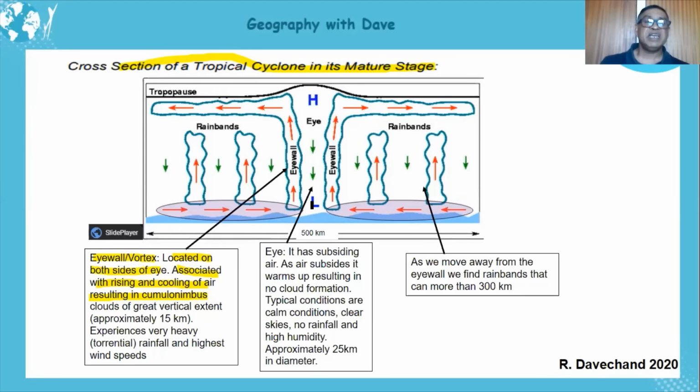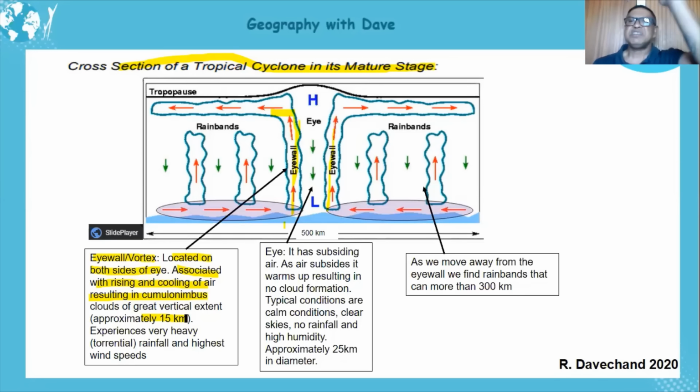The air is rising at a rapid rate, and as it rises, there's massive condensation and massive cloud formation of vertical extent because it continues to rise and then diverges. We can get clouds up to 15 kilometers or even slightly more in vertical extent. Massive clouds. Imagine a cloud of 15 kilometers, learners. How much rainfall is it going to bring?